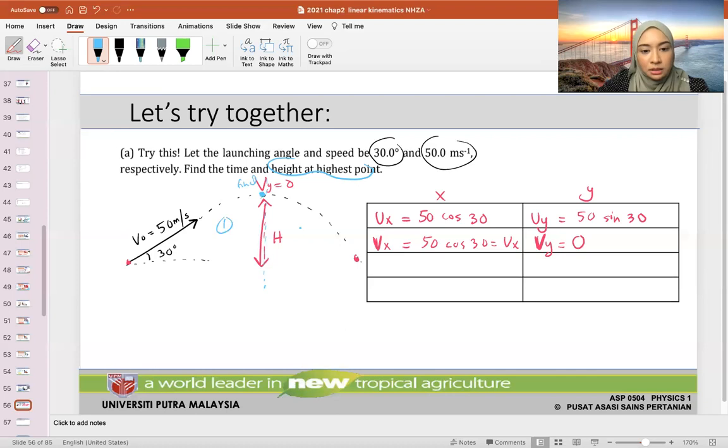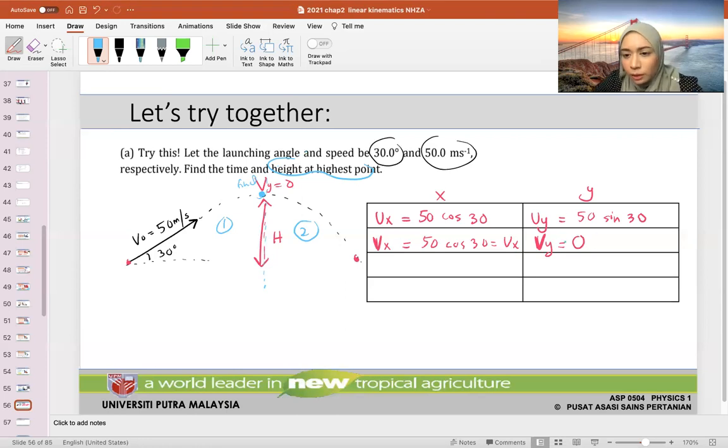This is your first section, this is your second section. Okay, so that is the tip here. If they ask you for the height at the maximum point, always divide your motion into 2 separate parts, and then at the maximum height V equals 0. So that is your final V.